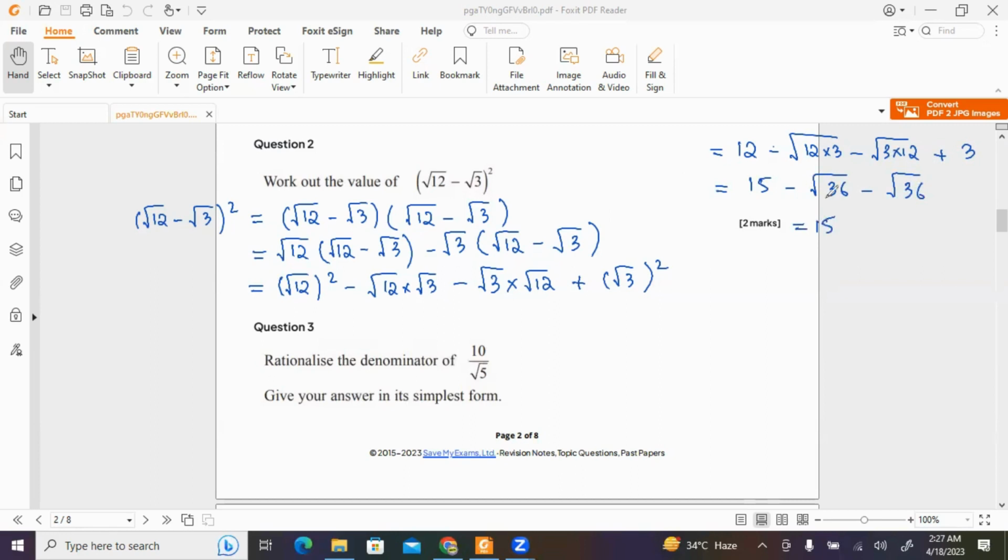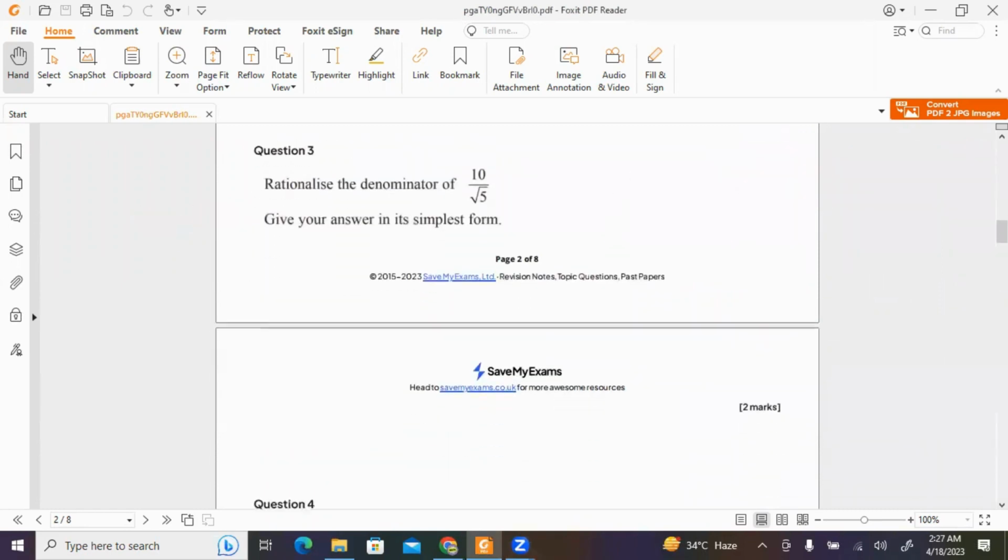So root of 36 is 6. So 15 minus 12, 3, 0. Applying the same concept, the only difference is that in the previous question, the surds were being added, but now they're being subtracted.